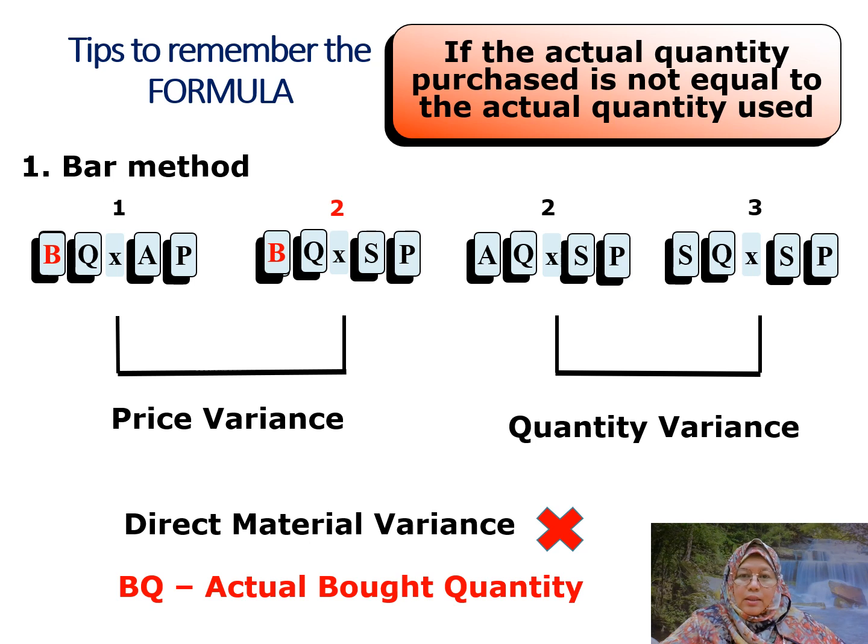In this case, if the actual quantity purchased is not equal to the actual quantity used, there is no direct material variance. Got it?